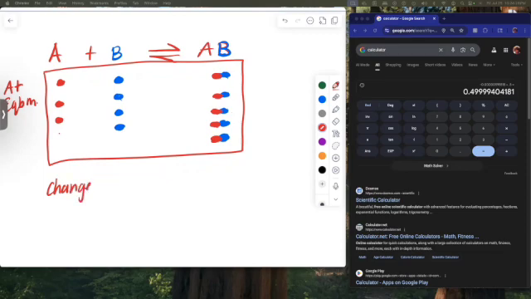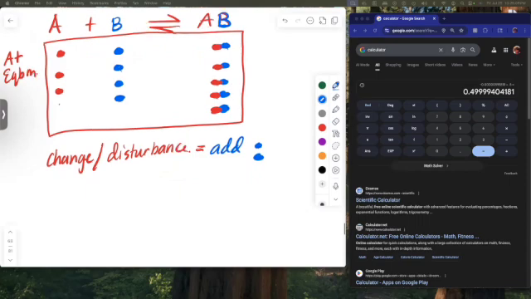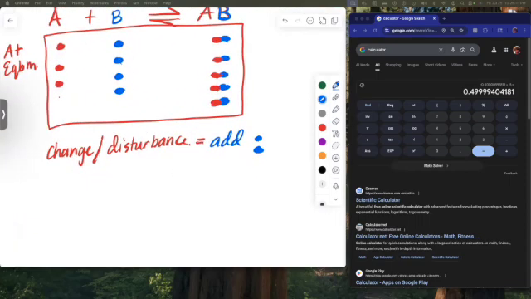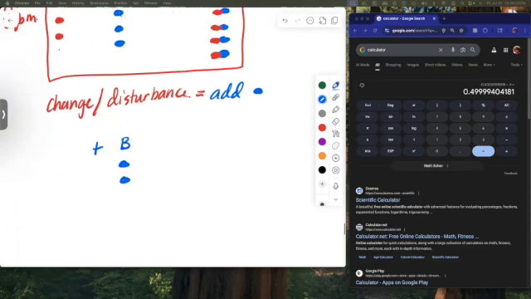So I come over here and I'm going to stress this. I'm going to bring about a change or a disturbance. My disturbance is I am going to add some B. Maybe 2 is too much, let's just add 1 amount of B. So in doing that, now we have 5 B's instead of 4 B's.